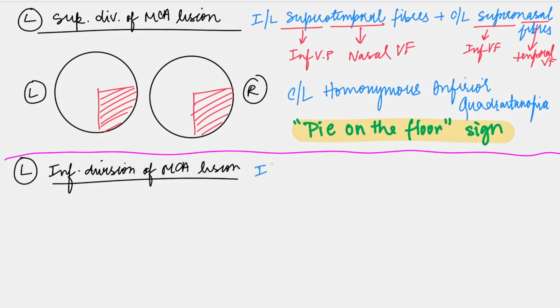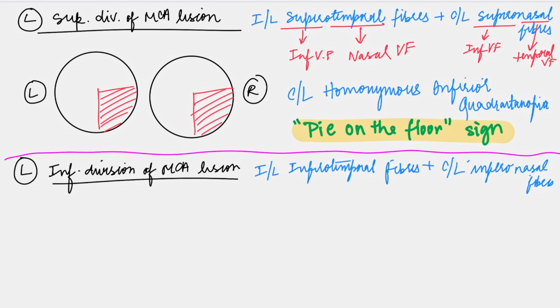You'll have ipsilateral inferotemporal fibers lost plus contralateral inferonasal fibers lost.